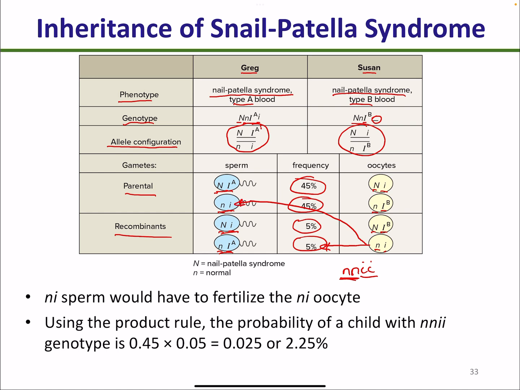So now, knowing that this gamete has a 45% chance of developing, and this gamete here also has a 45% chance, we now have 0.45 times 0.45. This equals 0.2025, or a 20.25% chance of having a child with normal nails, normal knees, and blood type O.